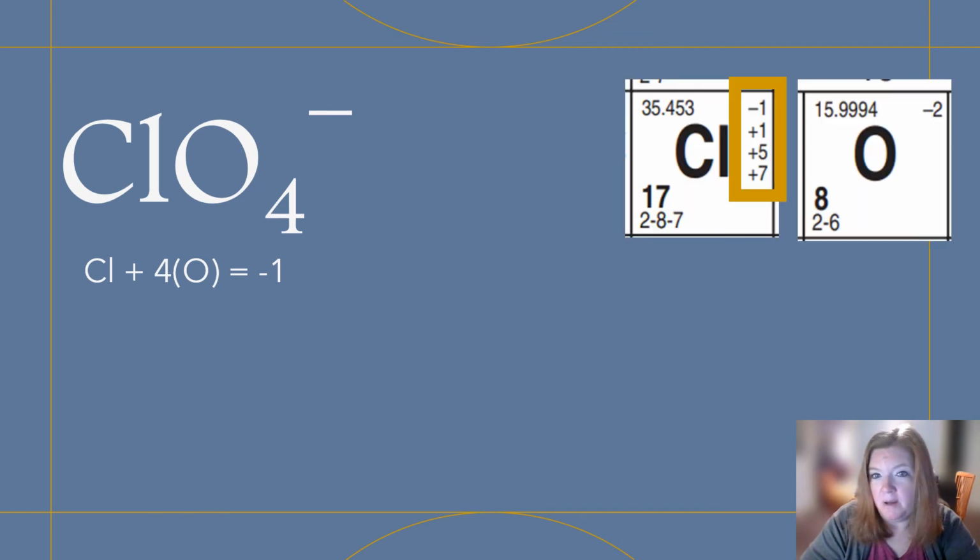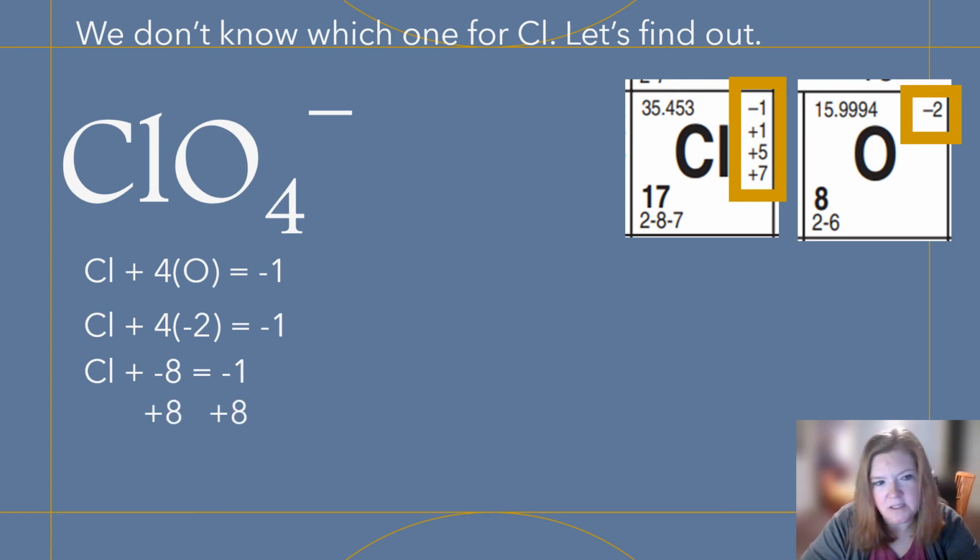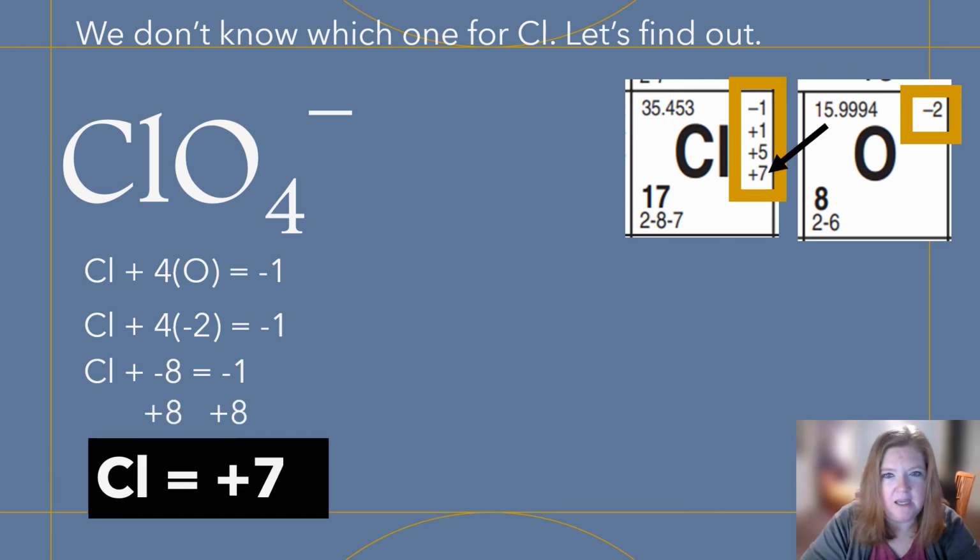So let's look them up. I obviously don't know which one for Cl. So let's plug in the oxygen, multiply it out, add 8 to both sides, and I end up with plus 7. So the oxidation state for chlorine in this polyatomic ion is plus 7.